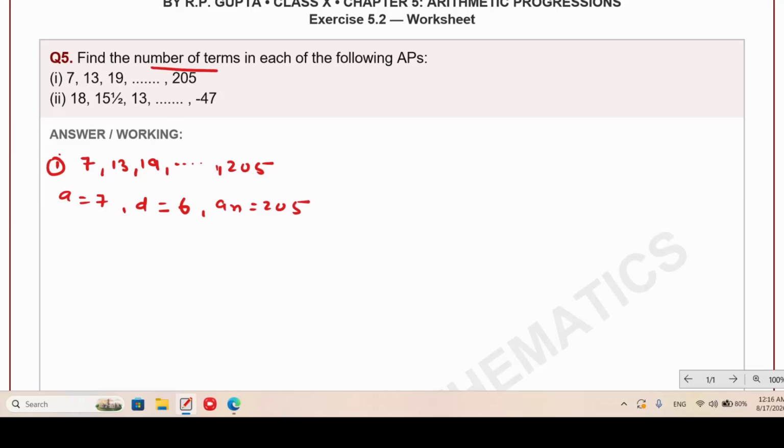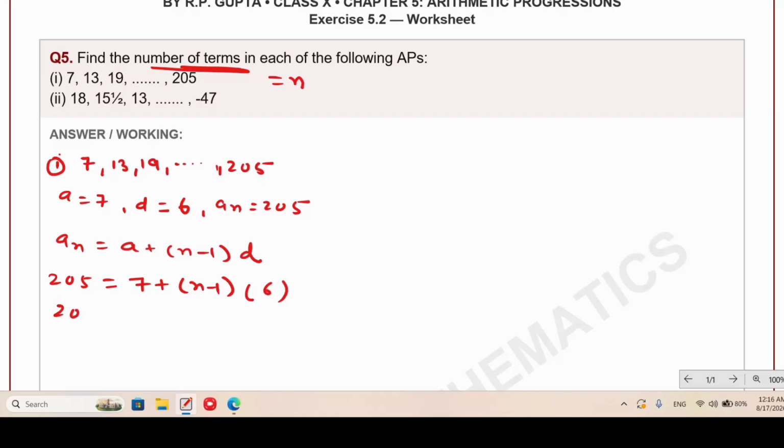Find the number of terms. Number of terms means n. Okay, so putting the formula an equals a plus n minus 1 into d. So an is 205 equals 7 plus n minus 1 into d, which is 6.